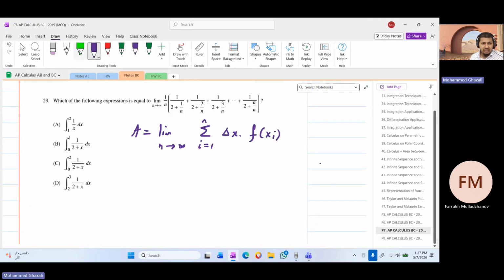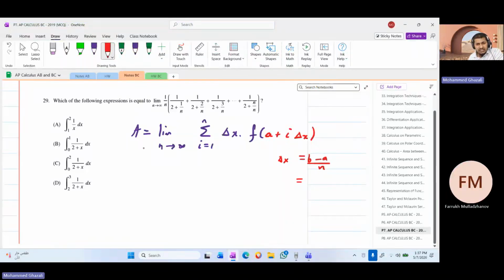Remember what x i is? A plus i delta x. Delta x is given by b minus a over n, which is the width.